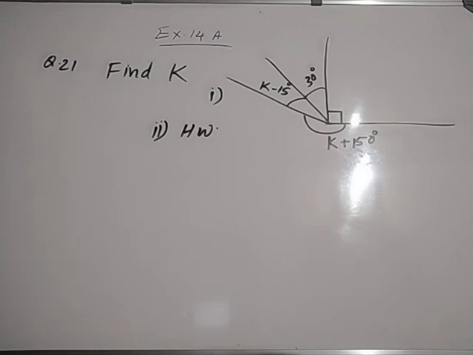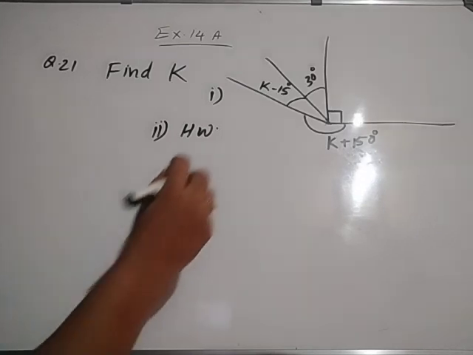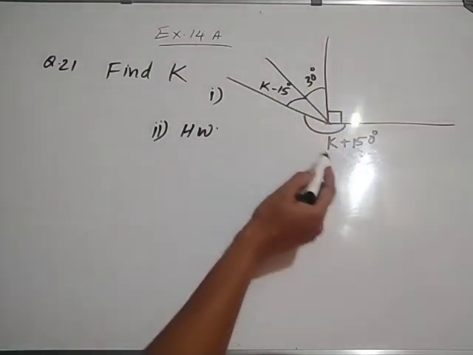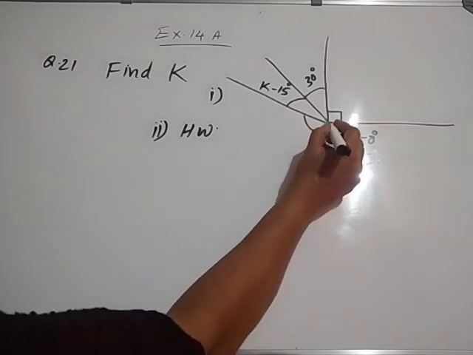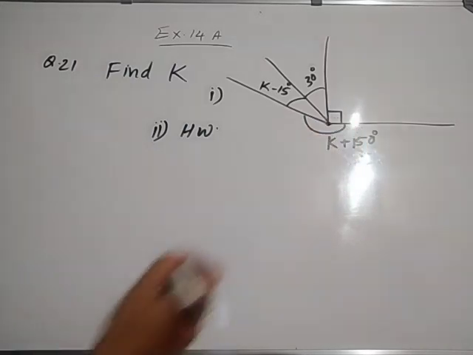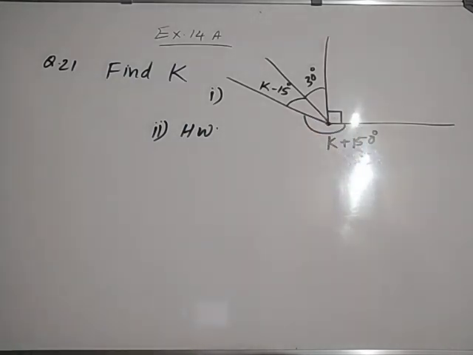Question 21. Find k in each of the given figures. First one I have drawn here and the second is homework. Okay, first one. You can see 1, 2, 3, 4 angles in the diagram. This is a point. How can we obtain the value of k? Yes, angle at a point, or angle about a point, is 360 degrees.